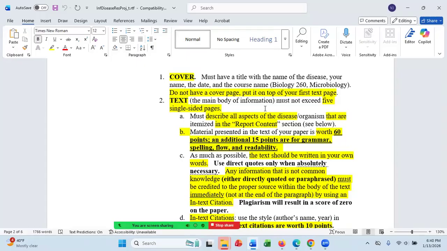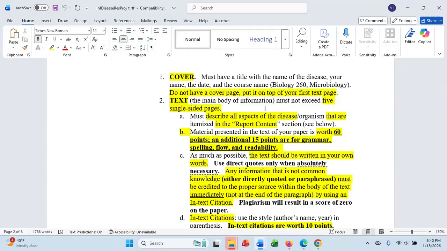I'm not going to count the references. Okay? But the text of the body of your paper should be about 5 pages, between 4 and 6. If it's longer than that, it's just kind of a hassle to read, so you get a penalty. If it's shorter than that, you should have put more detail in your report. Any question about any of that?